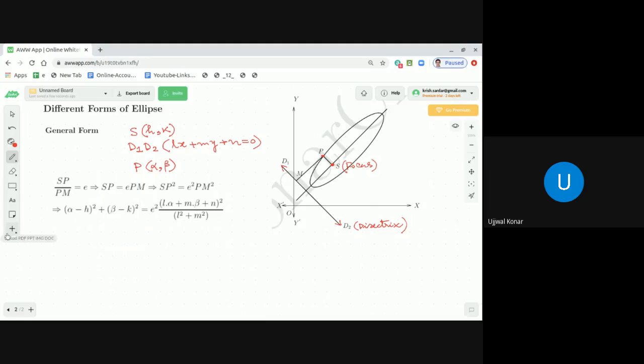Now, all we need to do is make some simplification. First, we make cross multiplication, followed by simplification. So if we do a cross multiplication, dear students, we are going to get something like this.